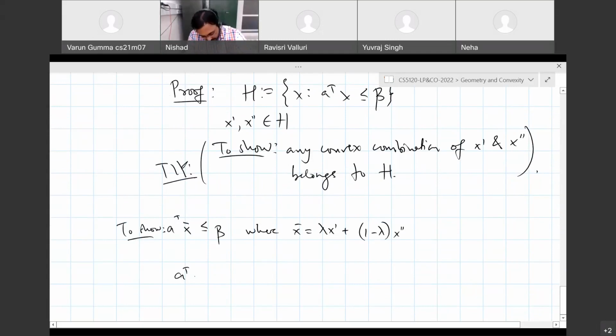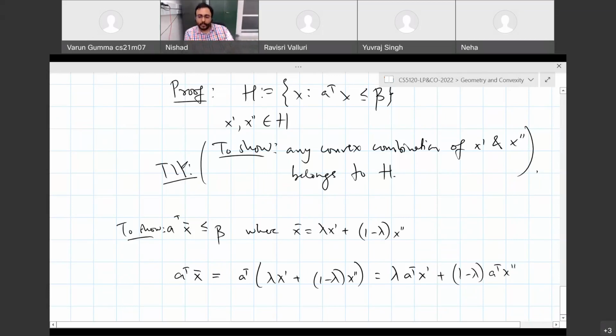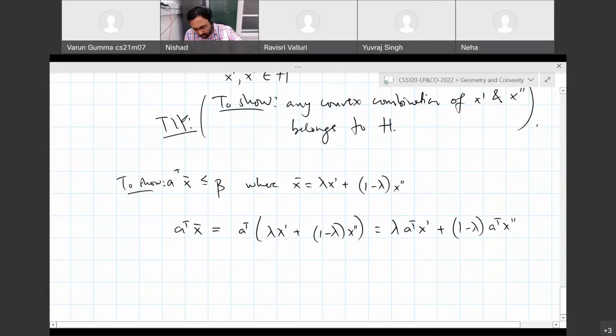Okay, so A transpose x bar is simply A transpose times lambda x prime plus 1 minus lambda x double prime, right? And by standard vector multiplication rules, you get this, right? And our goal is to show that this is less than or equal to beta.